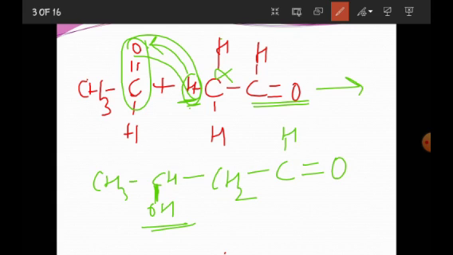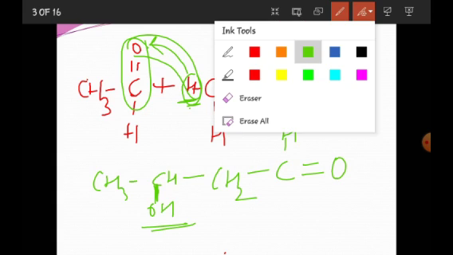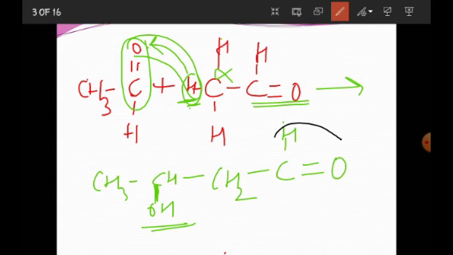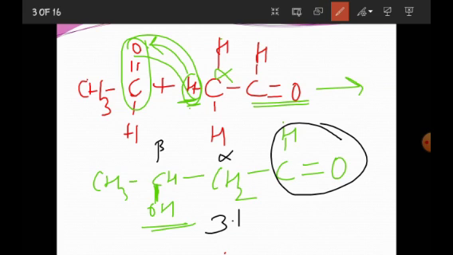Now if you see this again, this is our functional group, this will be the alpha carbon and this will be the beta carbon. This is known as the alpha beta product, or we can say this is 3-hydroxybutanol.